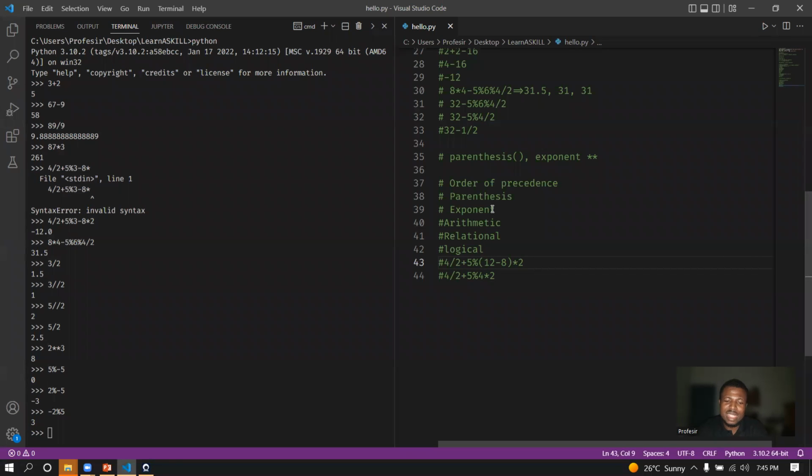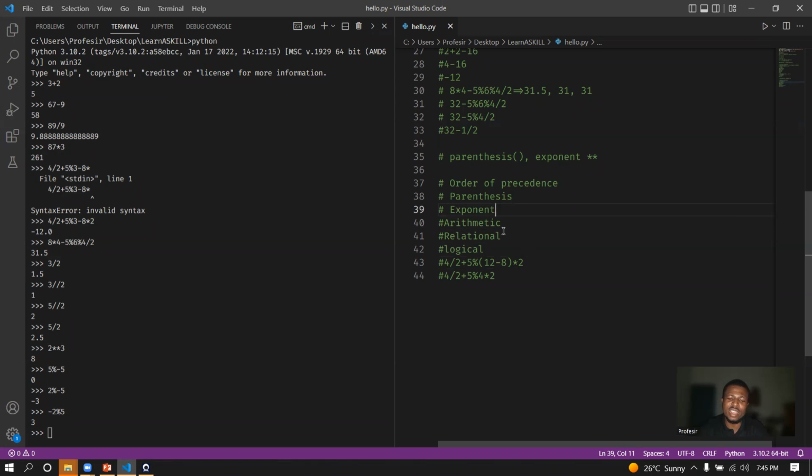So parentheses has the highest order of precedence in any mathematical operations, okay? And also if there is an exponent, you make sure you evaluate the exponent as the next thing before the arithmetic and relational operators. Please, are we crystal on this? Fantastic. Good. So that is for arithmetic operators.